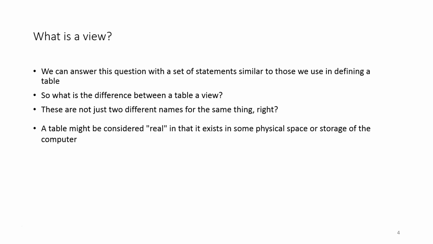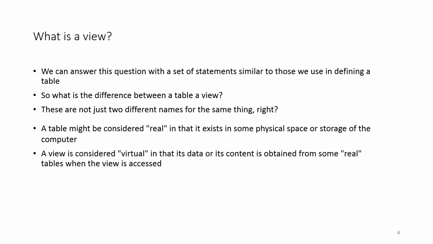It turns out that a table might be considered real in that it exists in some physical space. It consumes some storage within the computer. The representation of those rows takes up some storage space, some disk space. But a view is often considered a virtual table. What this means is that its data or its content is obtained by accessing, kind of transparent to the user, some other object.